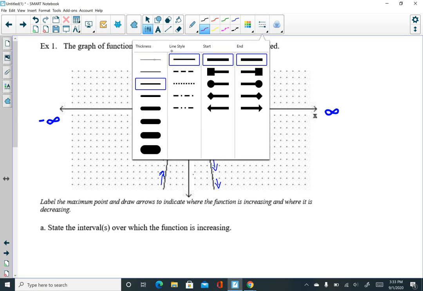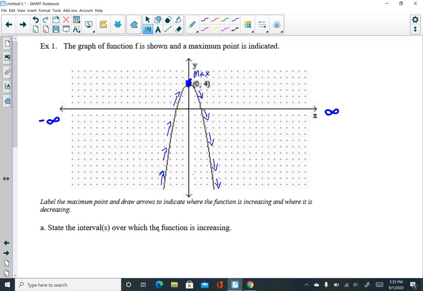So just in part A, it says identify your intervals where your function is increasing. So that would be this portion of the graph right here, right? Because those are where all of our arrows are pointing upward. So I want to write that in interval notation, just concerned about my x values. So x values on this side, since they're coming in from the bottom here, I don't want you to confuse with the y-axis.